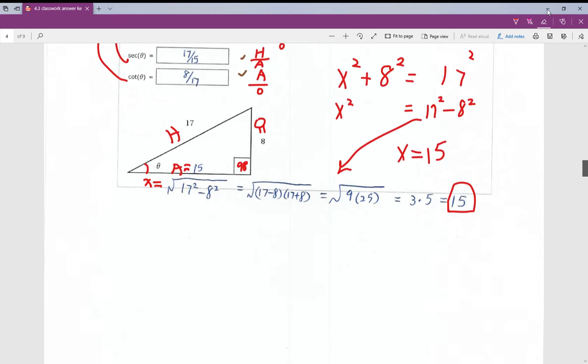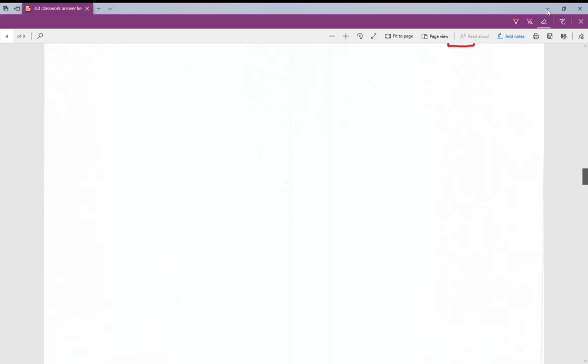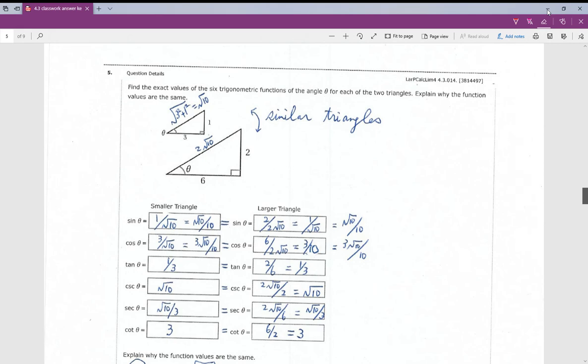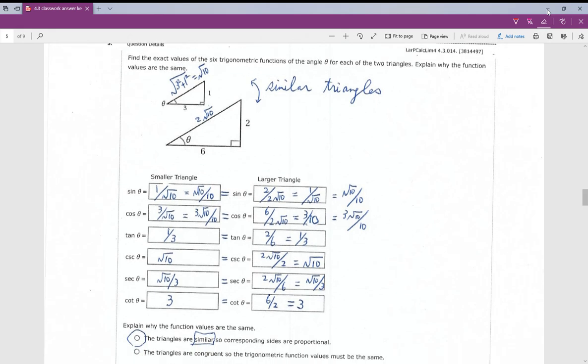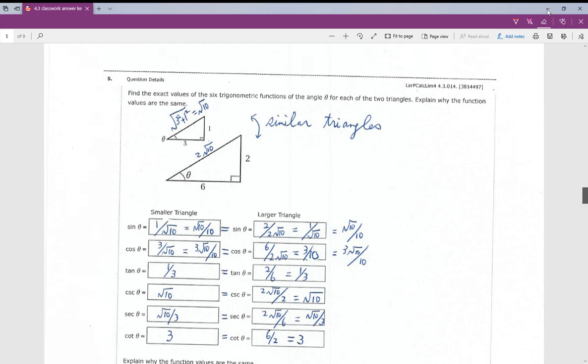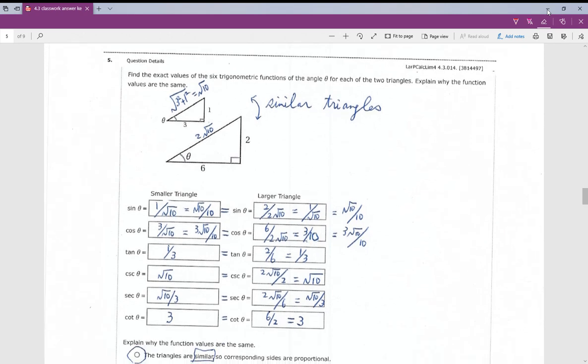Then one more example here. Wow, it's more calculation. So I will make another video starting from number 5. Okay, so see you next video.